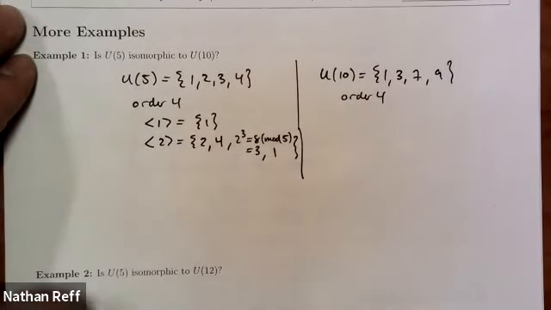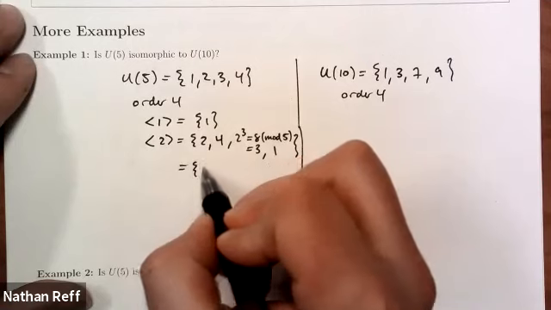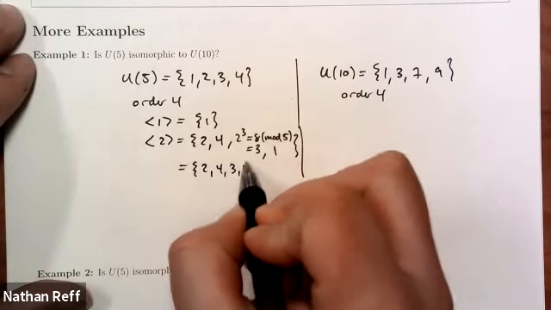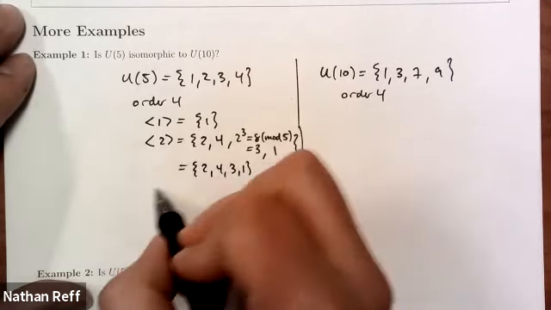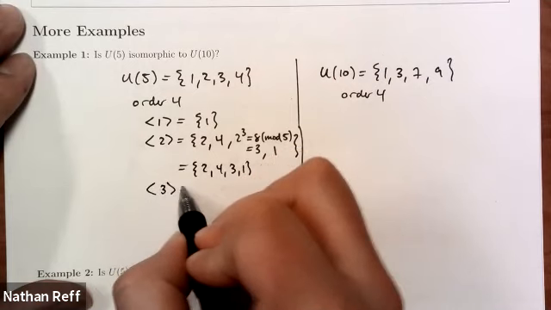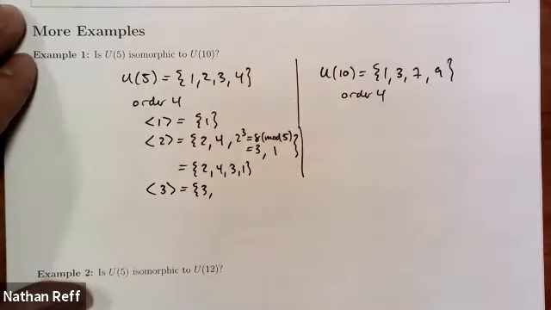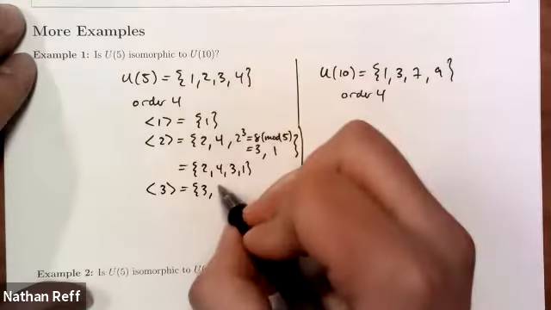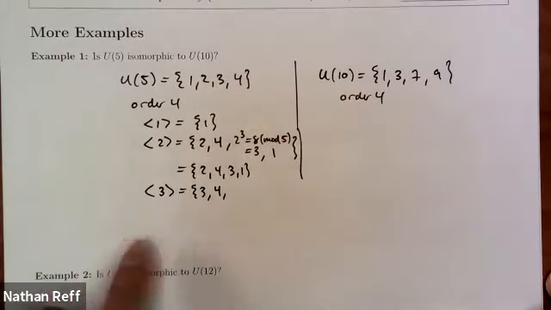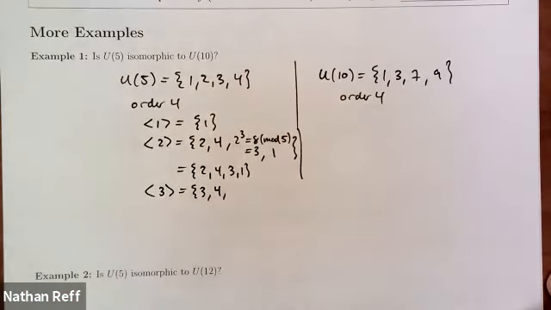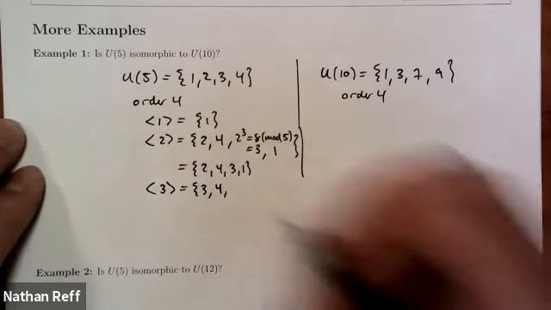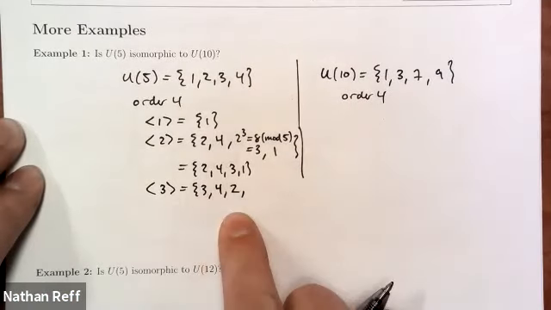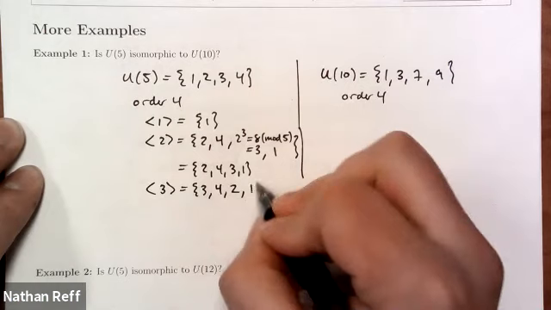Okay? So you can write 2, 4, 3, 1, which is the whole group, if you want to write that. And 3, you get 3. 3 squared is 9. 9 modulo 5 is 4. 3 times 4, which would be 3 cubed, is 12. Modulo 5 is 2. And then 3 times 2 is 6. Modulo 5 is 1.